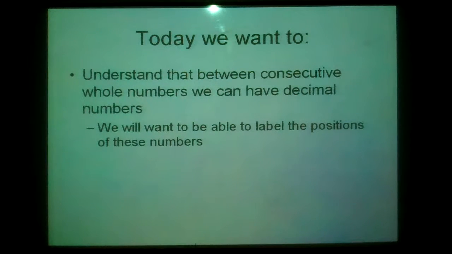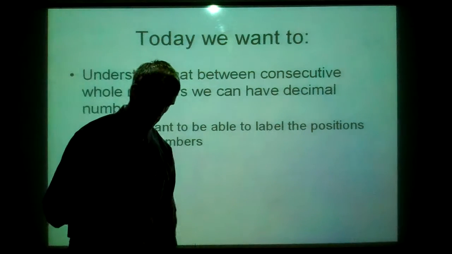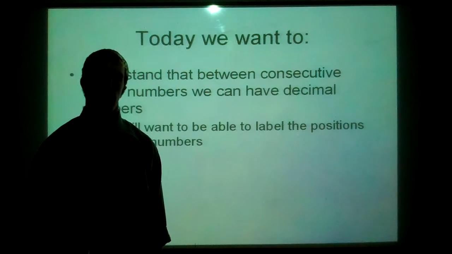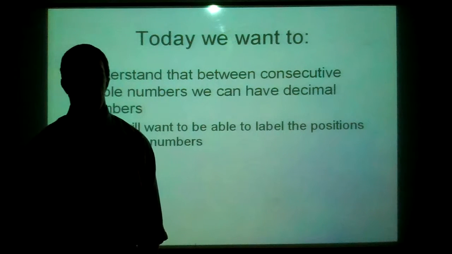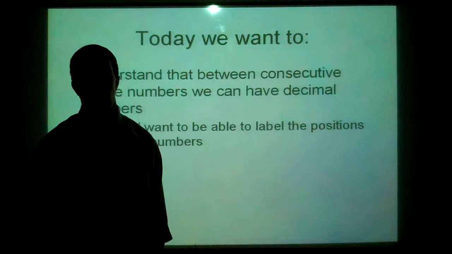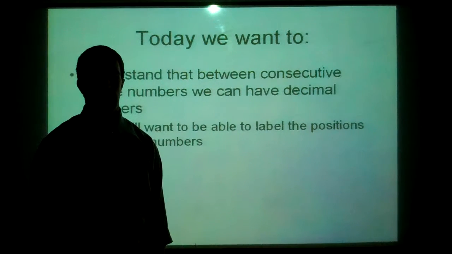So our main goals for today: first of all, we want to understand that between consecutive whole numbers we can have decimal numbers. The term consecutive whole numbers sounds a little confusing, but it's really not. That just means your numbers that go in order. So between 1 and 2, or between 100 and 101, there can be decimal numbers.